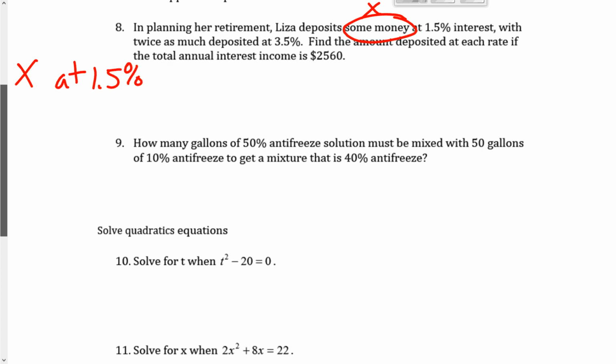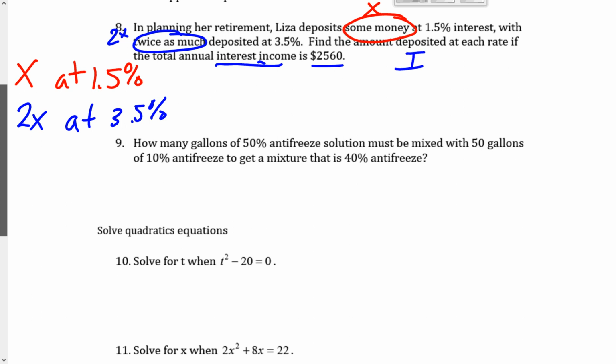And then twice as much, well, that's twice as much as she just invested, so isn't that 2 times x? So then we want to find out twice as much at 3.5%. We want to answer those questions at the end. So we want to find the amount deposited at each rate if we make a total interest income of $25.60.